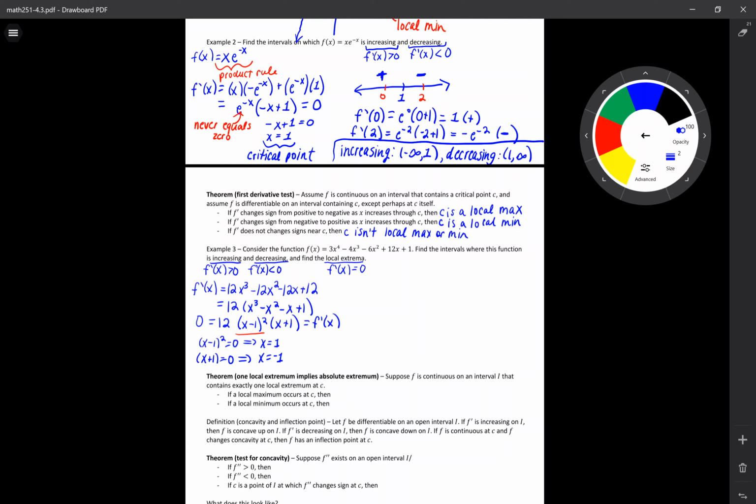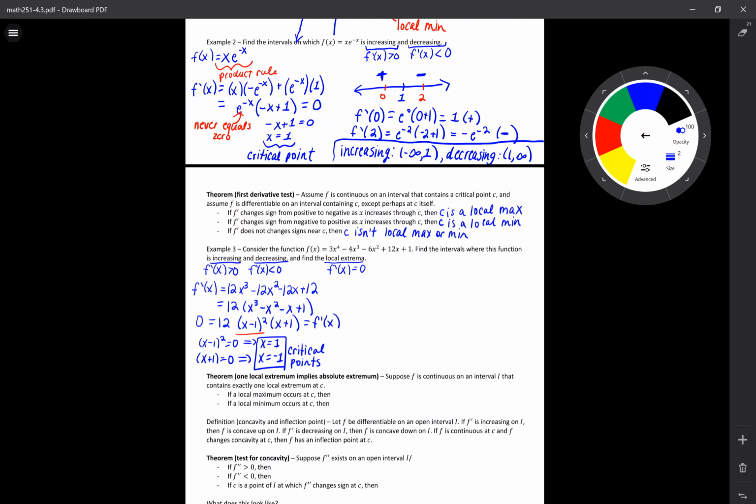So these are my two critical points. Now that I have my two critical points, I know that it's possible that I have a local max or min at either of these 2 points. So I need to employ my first derivative test to see if my derivative changes signs at x equals 1 or at x equals negative 1.